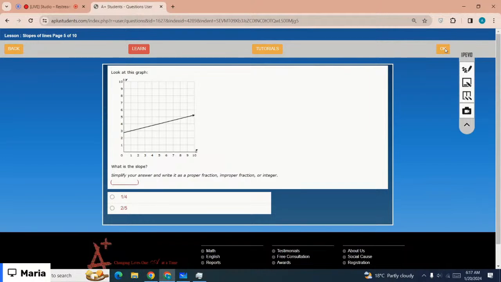What is the slope? Which is the correct option?